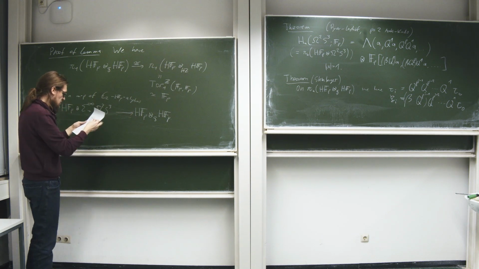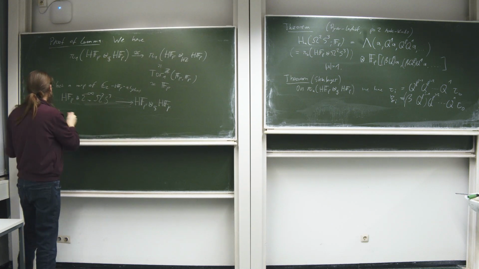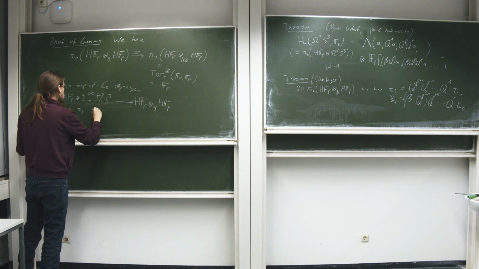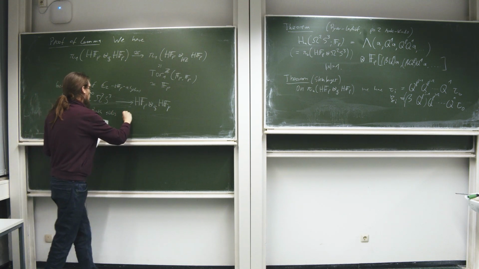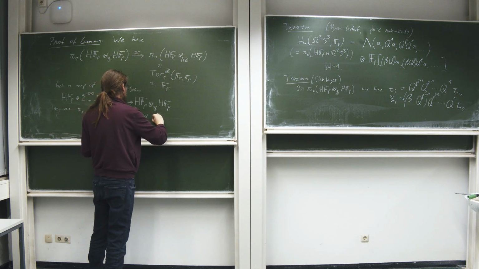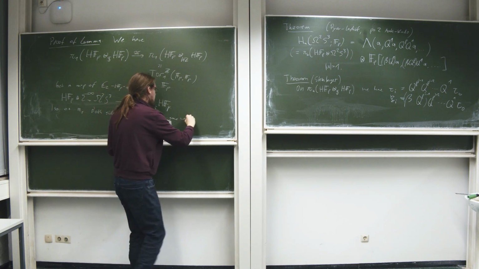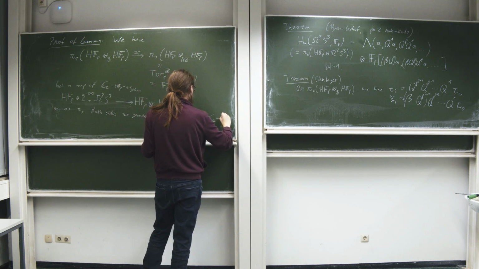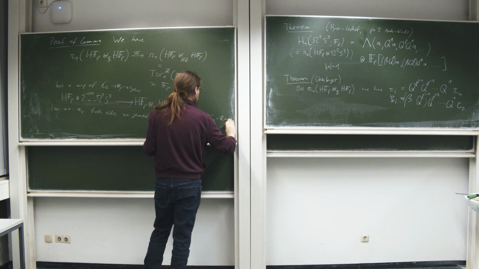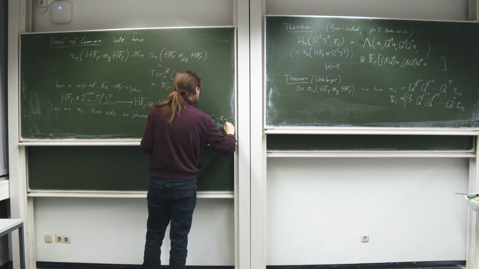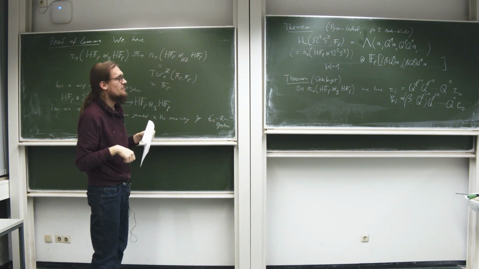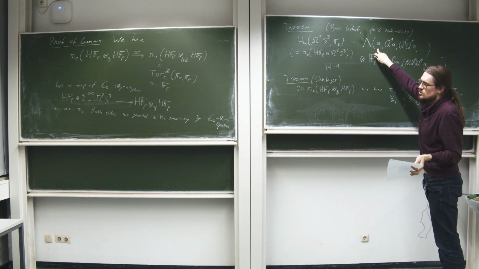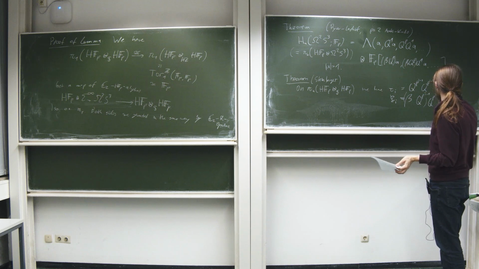And now, here comes the crucial part. This is an iso on pi1, but both sides are generated in the same way by the E2 Dyer-Lashof operations. When I say generated in the same way, all I'm saying here is that A goes to some unit multiple of tau 0.